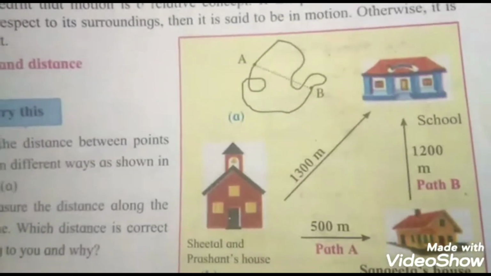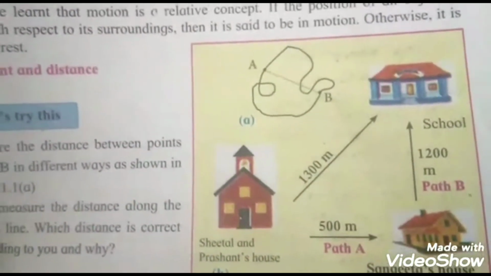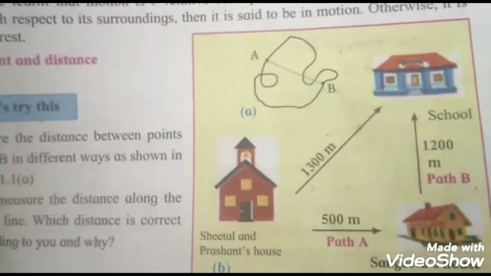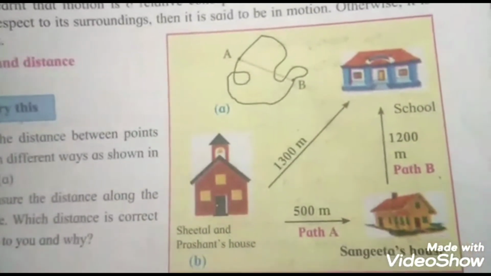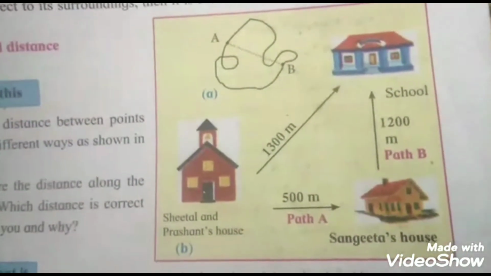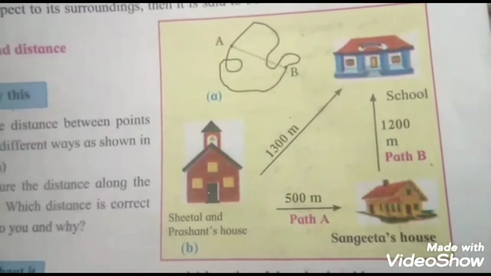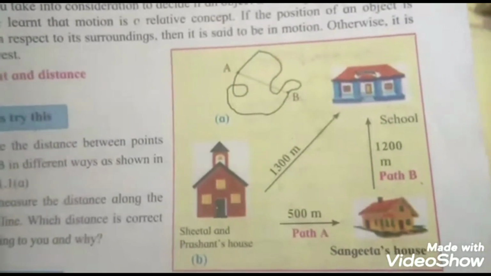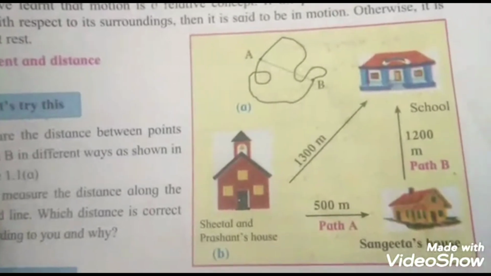Path A denotes the 500 meters distance. Prashant went straight from home to school. Both are walking at the same speed. Who will take less time to reach school? In the above example, is there a difference between the actual distance and the distance traveled? Sheetal first went to her friend Sangeeta's house on her way to school.